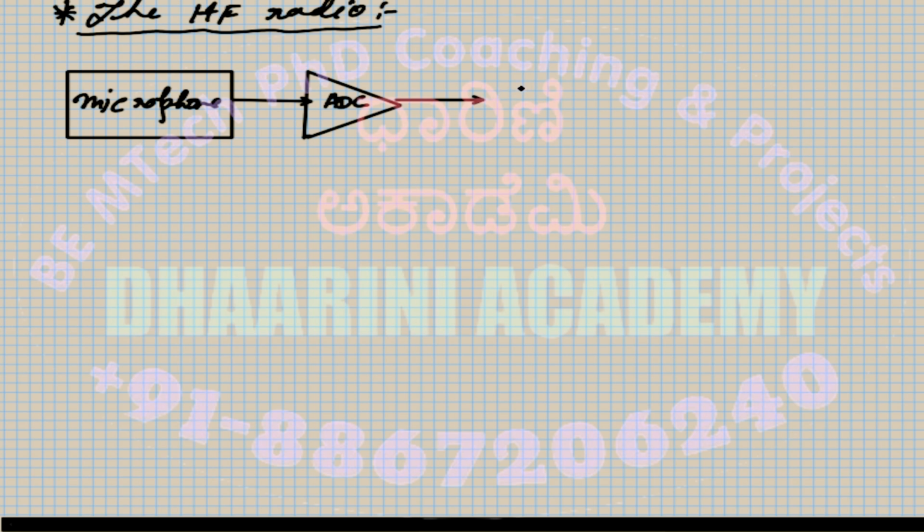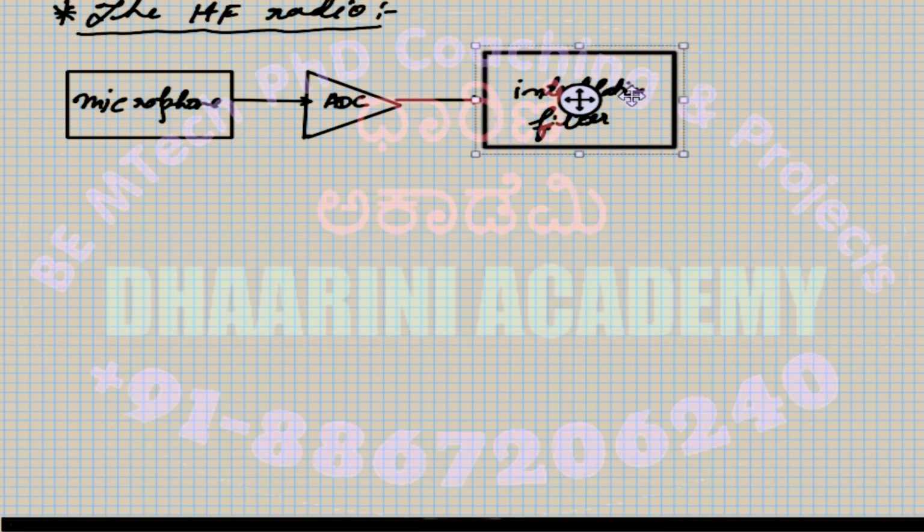So the next block is the interpolation filter. During the ADC, you might have lost some of the samples. The missing samples will be recreated by the interpolation filter. That's the work done by this.